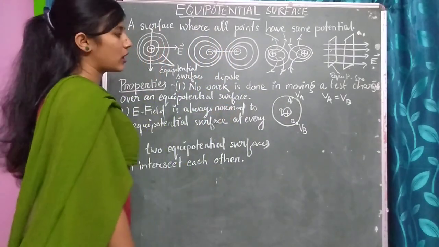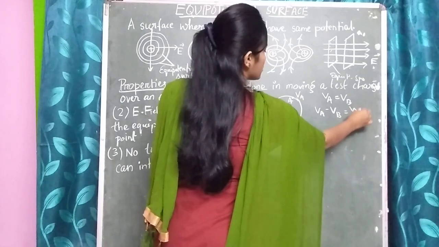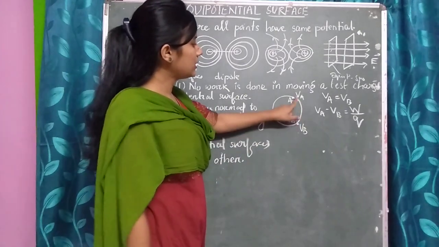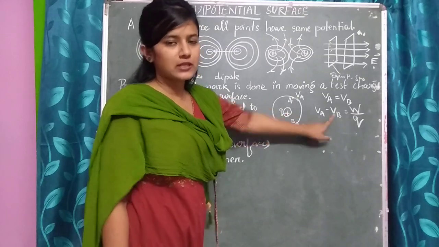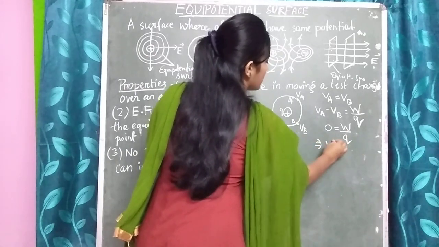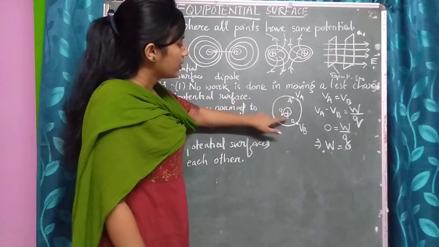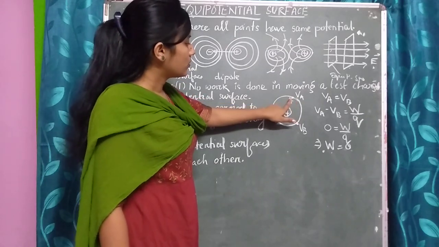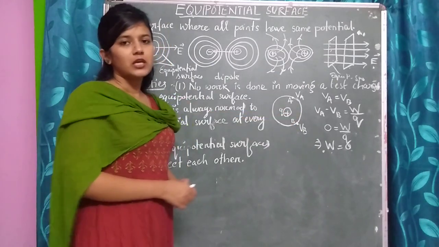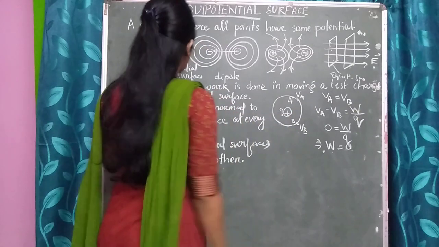Now use the formula: VA minus VB, the potential difference, is equal to the work done by the charge divided by Q. As VA equals VB, this difference becomes 0. So W by Q becomes 0, so the work done will be 0. That means there is no work done in moving a charge from one point to another on an equipotential surface, because the surface has the same potential. This is the first property and this is its proof.